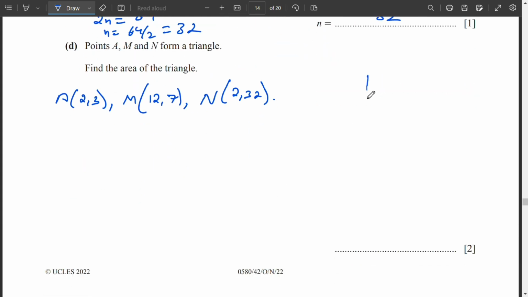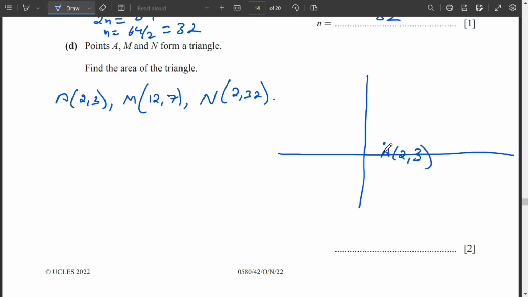Now see, suppose this is the coordinate axis. Where will the point 2, 3 be? If you consider this as x, 2, 3 will be here. This is point A, which is 2, 3. We are writing the coordinates also. N is 2, 32.